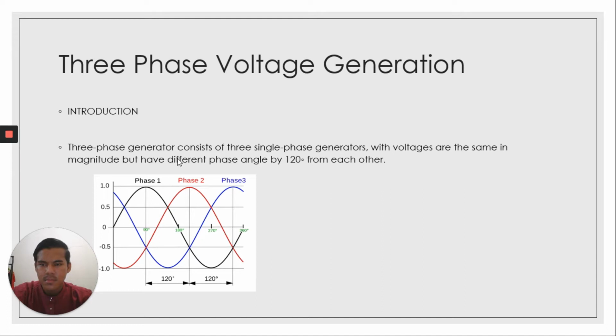As you can see here, the black colored line is phase 1, the red colored is phase 2, the blue colored is phase 3. As you can see, it's shifted by 120 degrees from each phase, but each phase has the same magnitude.